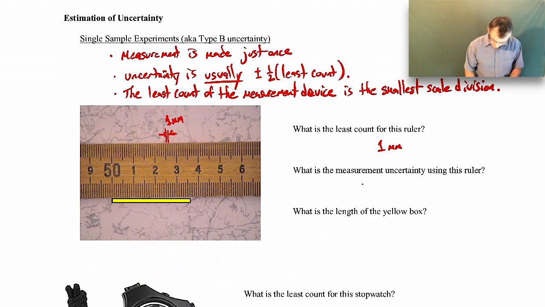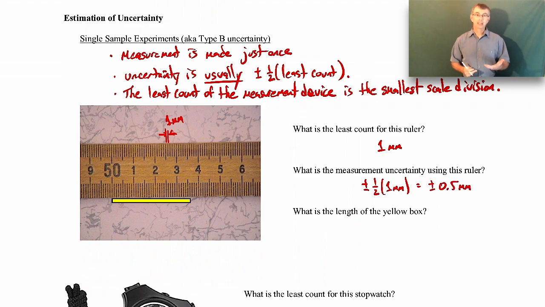Well, in this case, it'd be plus or minus 1/2 the least count, which would be plus or minus 1/2 of 1 millimeter, or plus or minus 0.5 millimeter. When we measure something, we're not going to be any more accurate than plus or minus 1/2 millimeter. Our scale doesn't go any smaller than that, so it's hard for us to get a more accurate reading from our ruler. So that's why we use the plus or minus 1/2 of the least count.